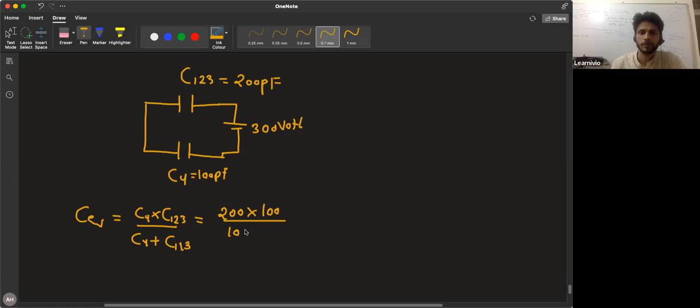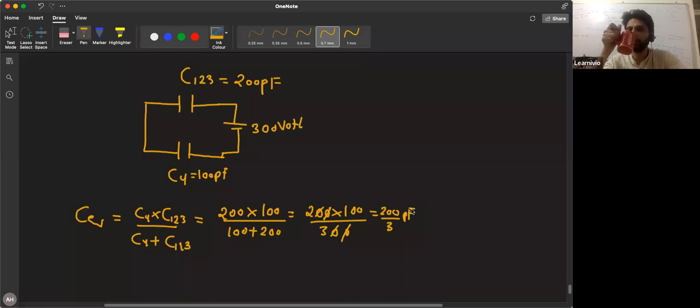So that will be 200 multiplied by 100 divided by 300. So this 100 will be cancelled. This is 200 by 3 picofarad. Clear? 200 by 3 picofarad.